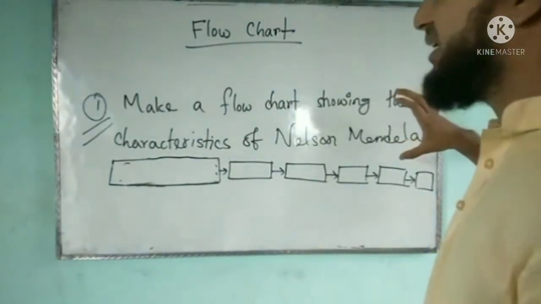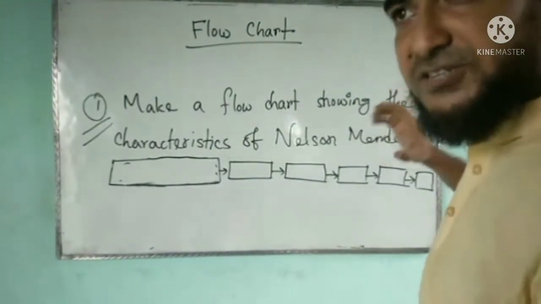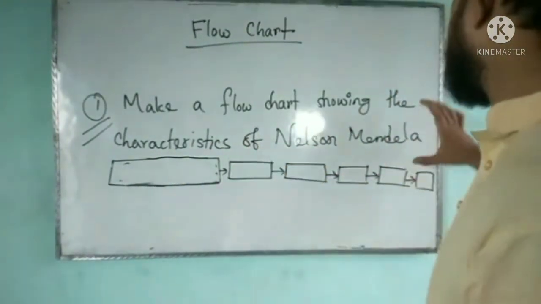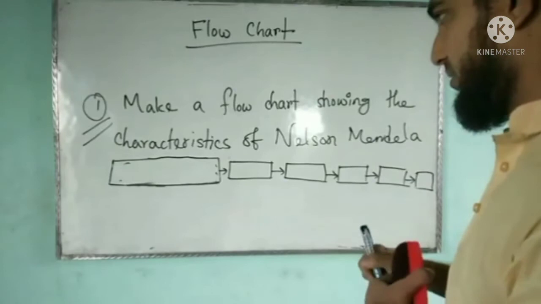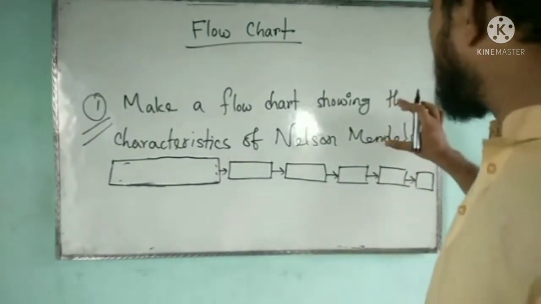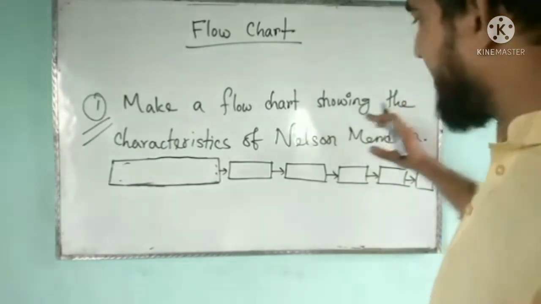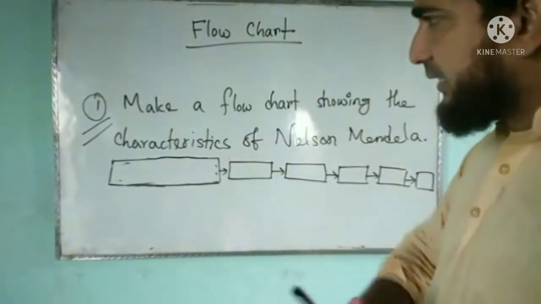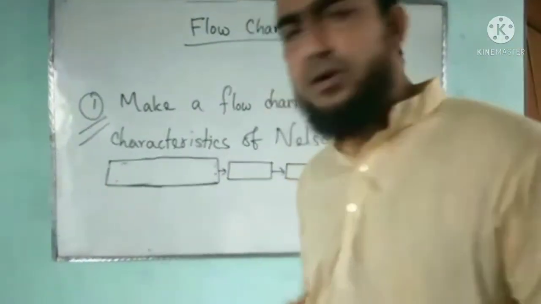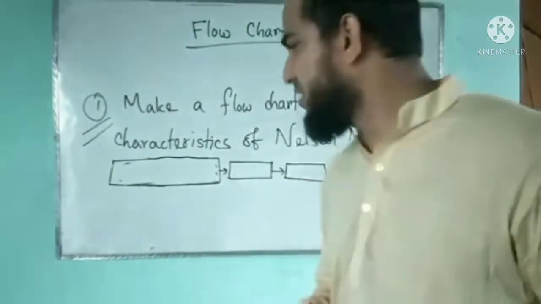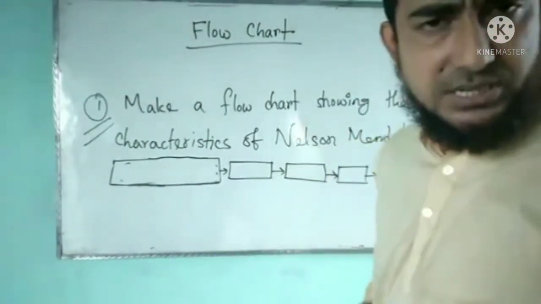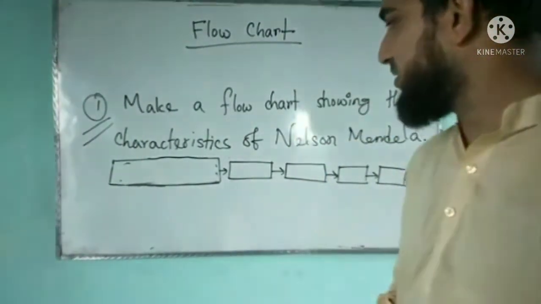So our gist words from the question are the characteristics of Nelson Mandela. This part is very important. When we make the answer, we have to put more attention on this part after showing. The first one has been done for you, and you have to fill the other 5 boxes.